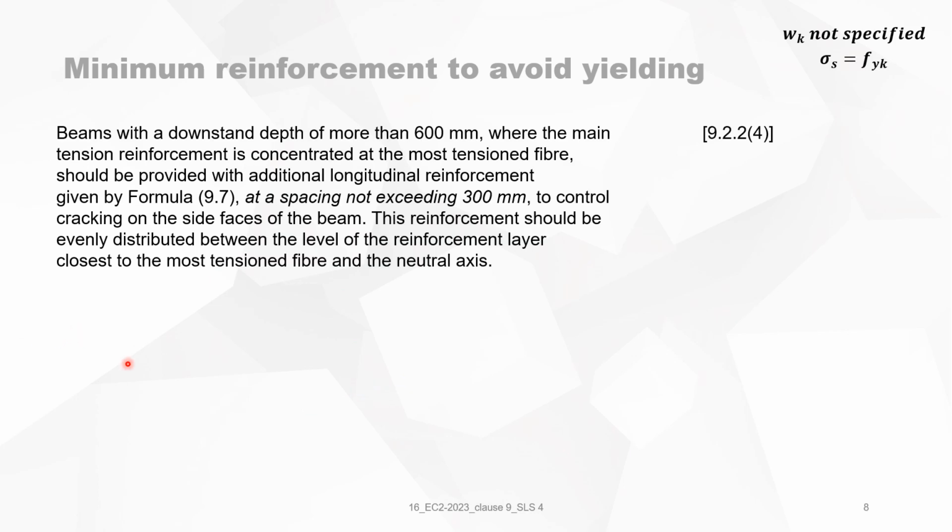Clause 4 says that beams with a downstem depth of more than 600 millimeters, where the main tension reinforcement is concentrated at the most tensioned fiber, which in most cases it is, should be provided with additional longitudinal reinforcement given by formula 9.7 at a spacing not exceeding 300 millimeters, to control cracking on the side faces of the beam.